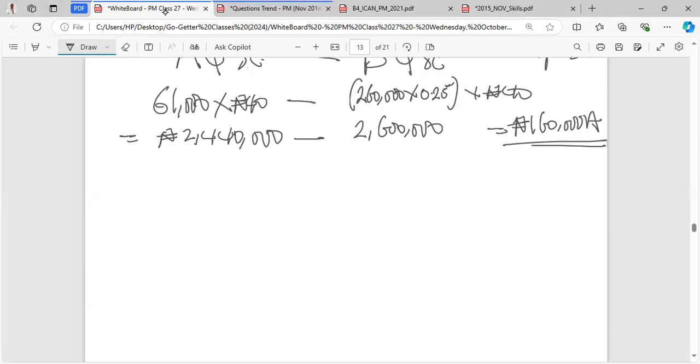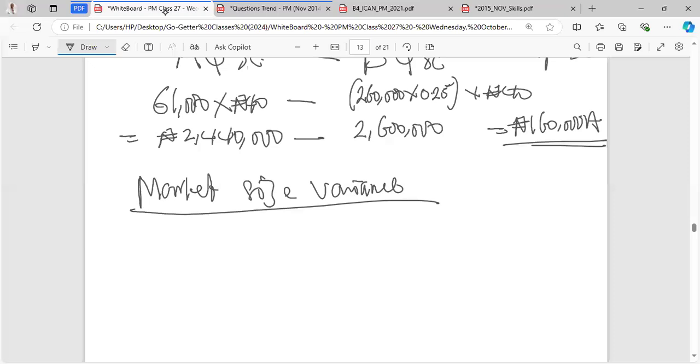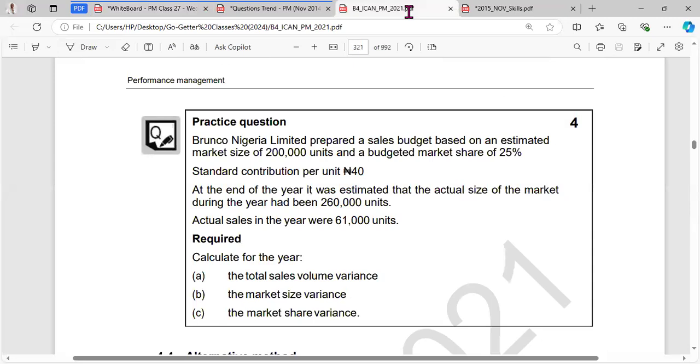So, market size variance. Okay, we say actual market size. Actual market size happens to be 260, isn't it?